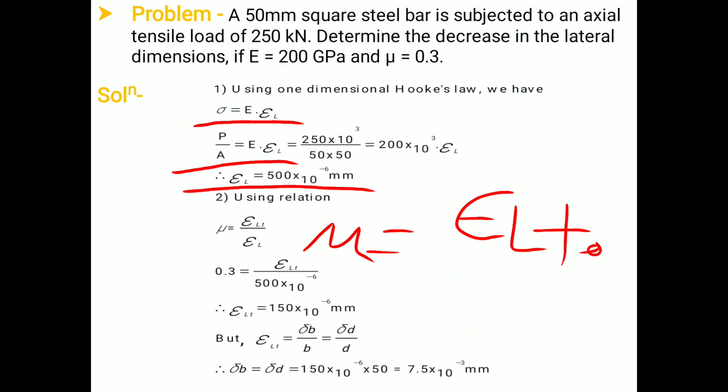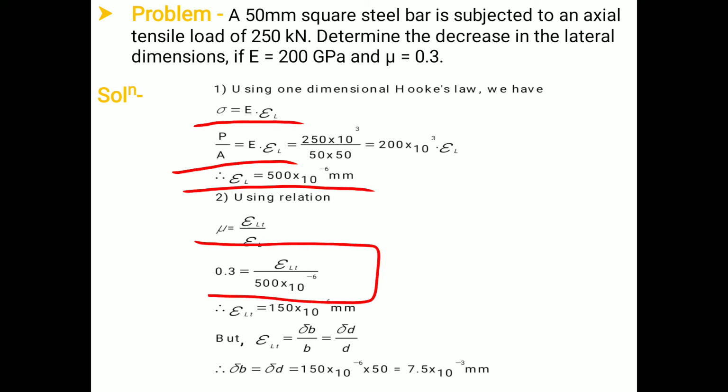Therefore, if I put the value of mu which is given in the numerical, and if I put the value of epsilon L which we have calculated by using Hooke's law, we have this equation. After solving for epsilon LT, we have the value of epsilon LT, meaning lateral strain, equal to 150 into 10 raised to minus 6 mm.